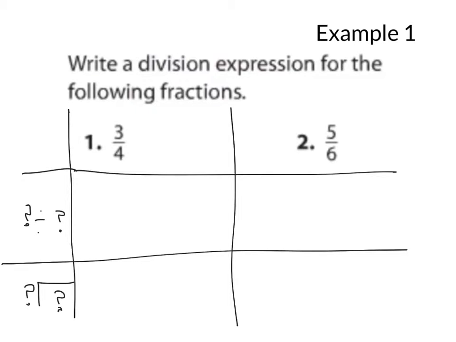All right, for example 1, we have 2 specific examples, and we're going to practice going from this way of writing it to these different ways of writing it. So 3/4, how would I write that if I was to write them side by side? Well, I read up here 3 divided by 4, which means I also need to read this 3 divided by 4.